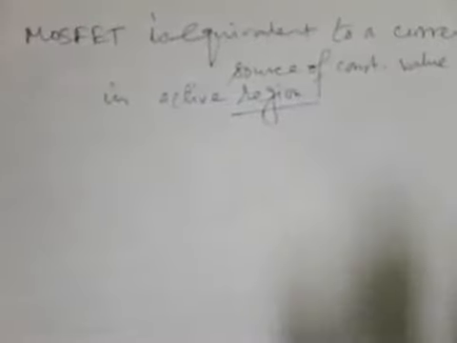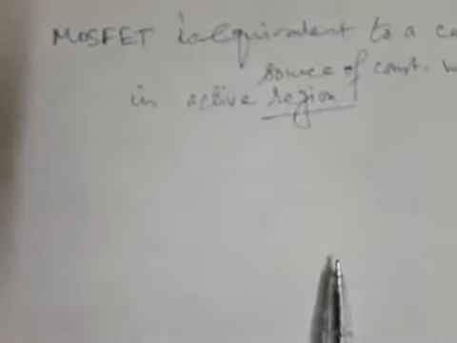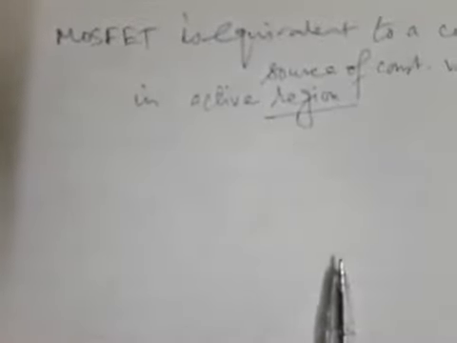As you go on increasing or decreasing the voltage in the active region, you get a constant value of drain current out of it. So in the active region the MOSFET is quite like a constant current source. So these are the two equivalents and the explanation of the two different regions of the VI characteristics of MOSFET and its working.